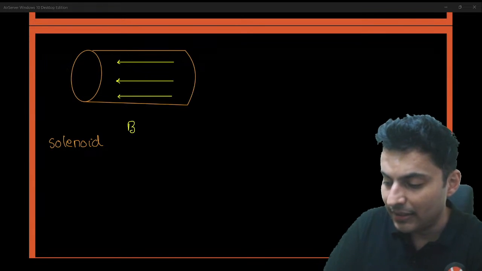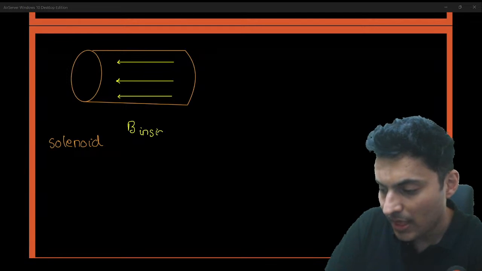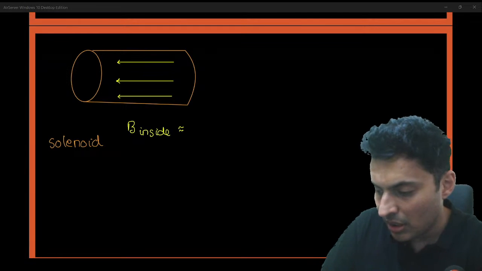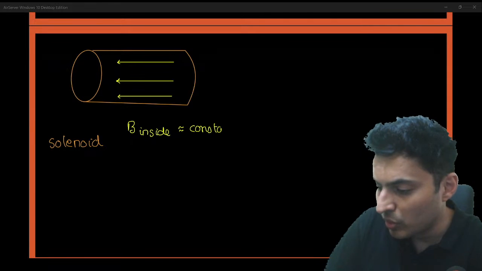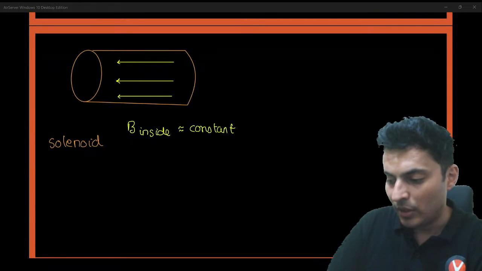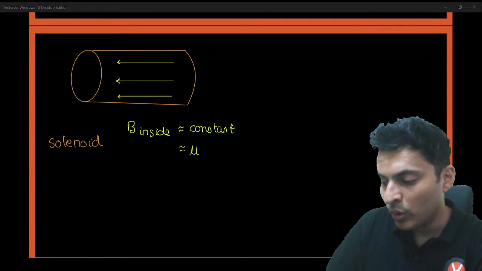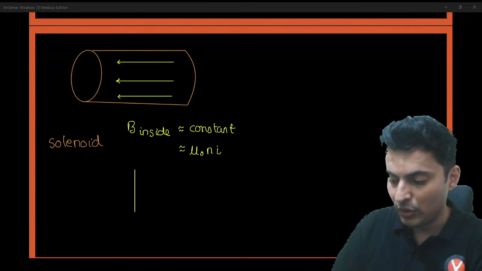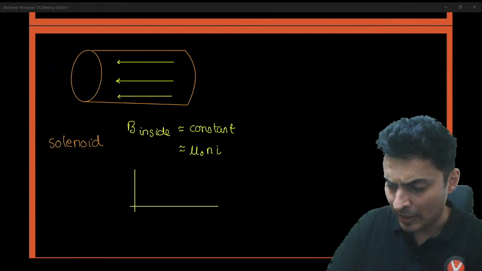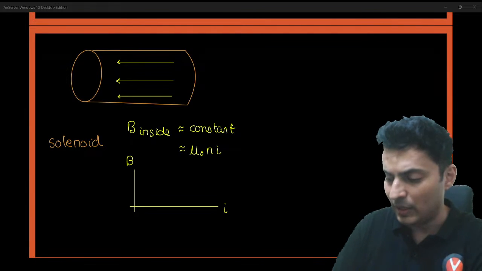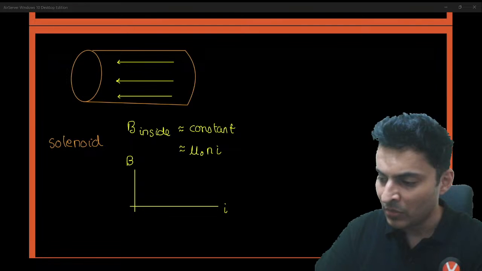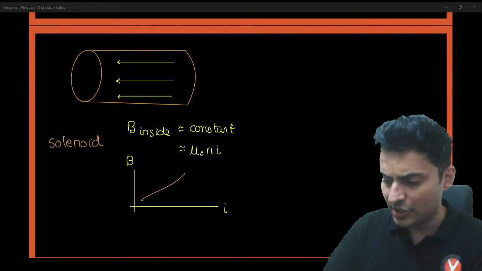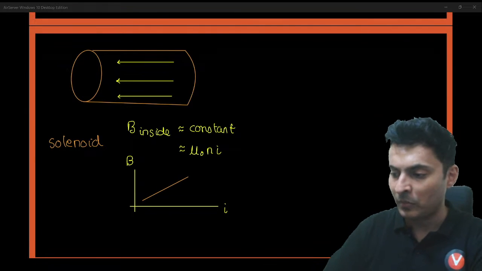So magnetic field inside is almost constant. There is no change in it. And the formula is mu naught n i. So if you draw a graph of magnetic field versus current or number of turns per unit length, this graph is just going to be a straight line.